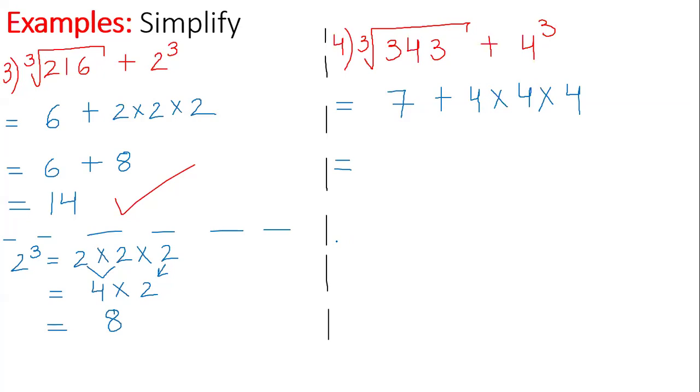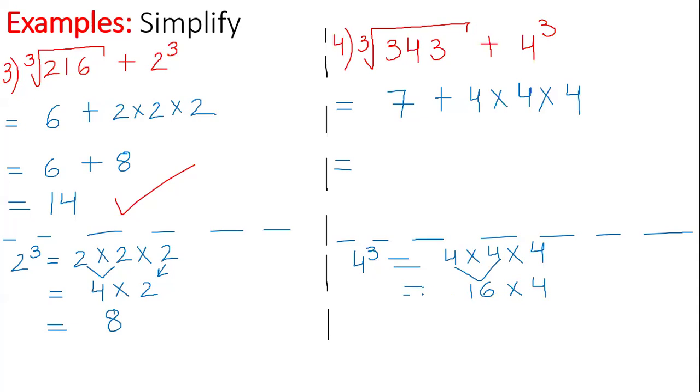What is 4 cube? 64. How do we get that? 4 cube is going to be equal to 4 times 4 times 4. 4 times 4 is what? 16. 16 multiplied by 4. 16 times 4 is 64.